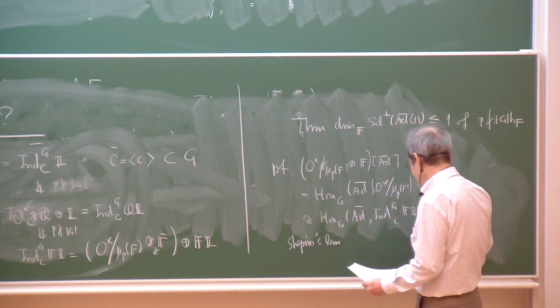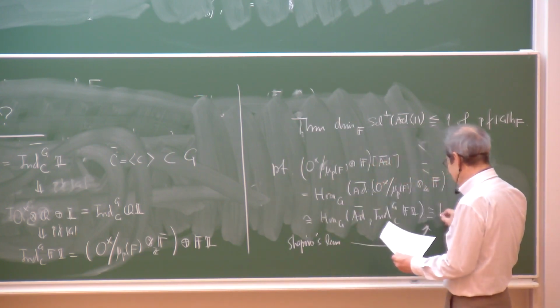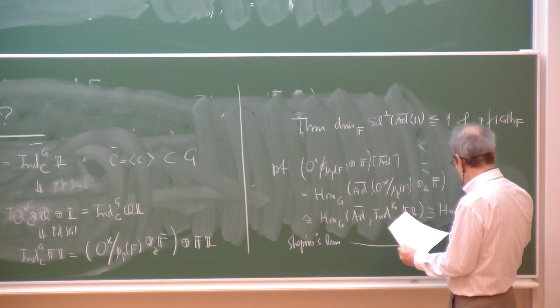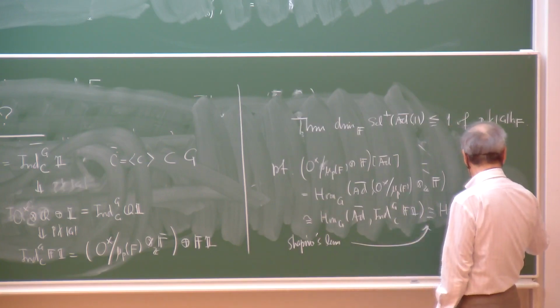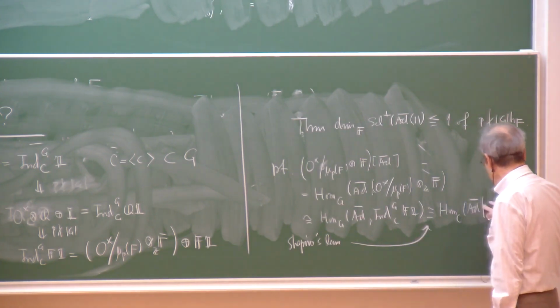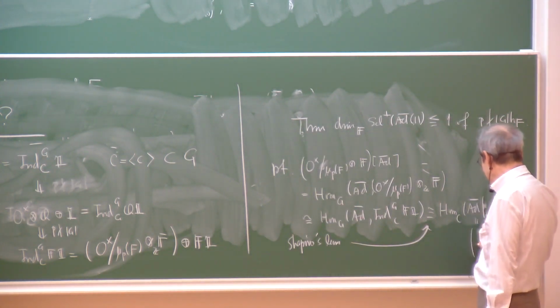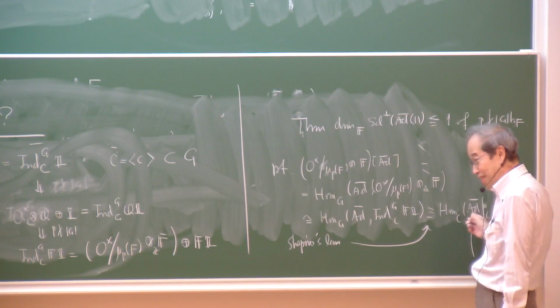So here's Shapiro's lemma, I'm sorry. F1. Okay, but this is an odd representation, adjoint.